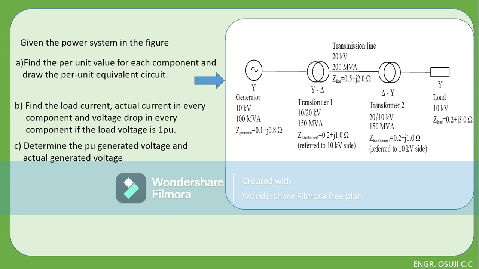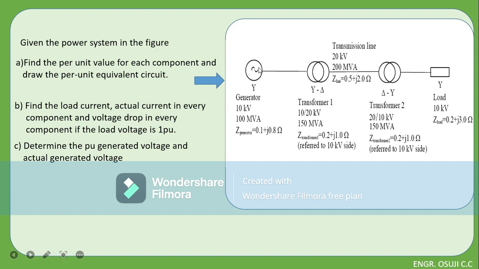Here we're going to be looking at a simple example again to further deepen our understanding about the application of the per unit representation in solving power system problems. Here we also have a power system represented using a single line diagram.